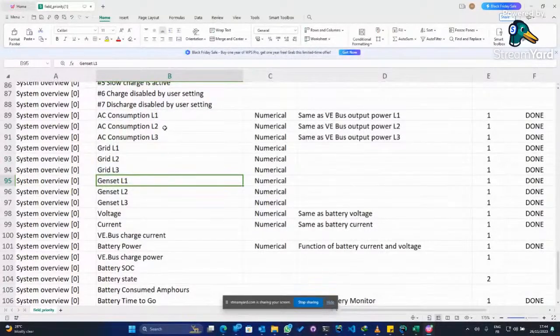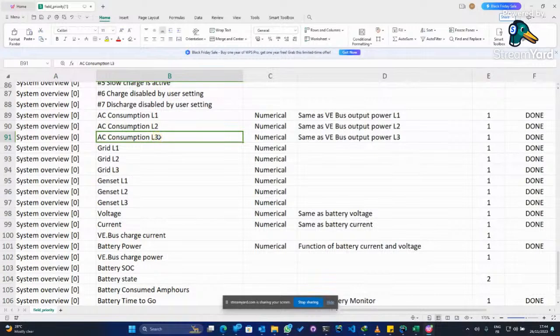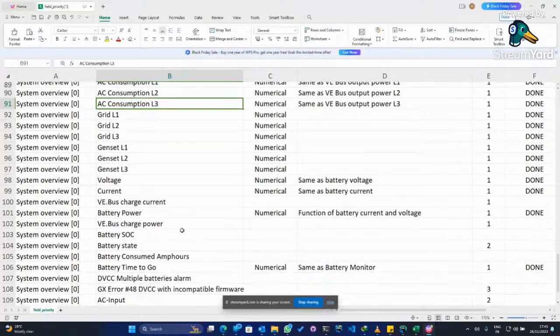The cumulative power consumption of the system overview will be equivalent to the power displayed by the VE bus system, maybe at the end of the day or for a whole week. So they basically display the same information.